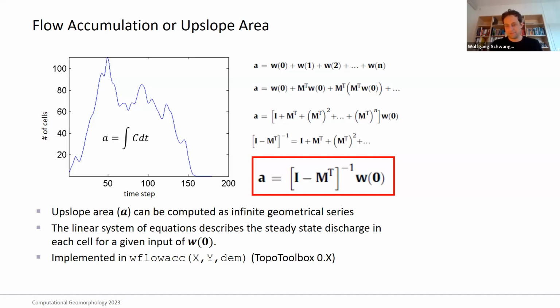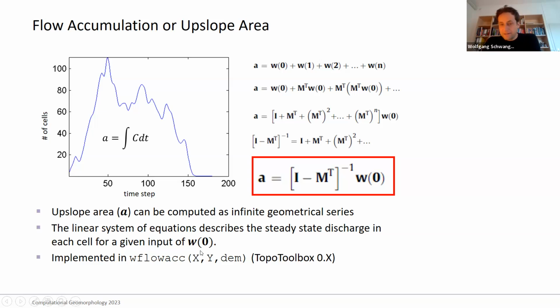You can route all sorts of material downstream, and you can also route things upstream. So for drainage basin delineation, it's basically the same equation. Okay, so the linear system of equations describes the steady state discharge in each cell for a given input of W0, the initial water.